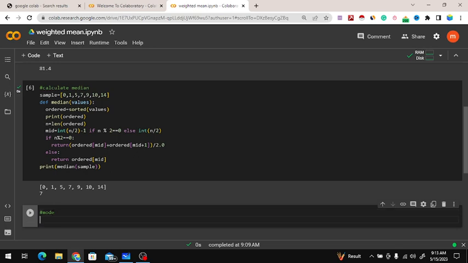From collections we need some library, so from collections import defaultdict.